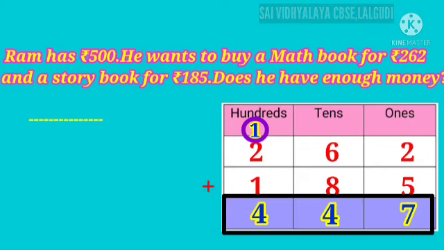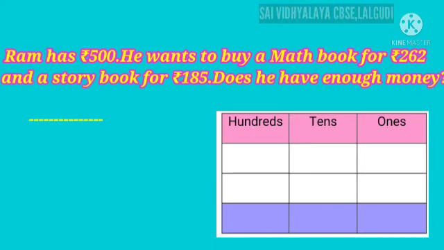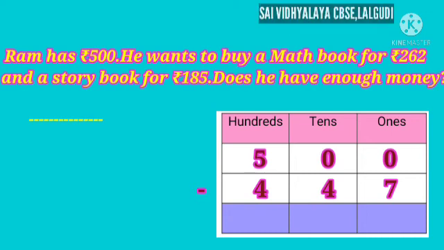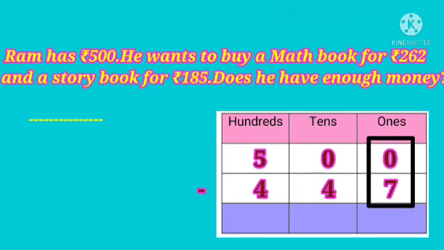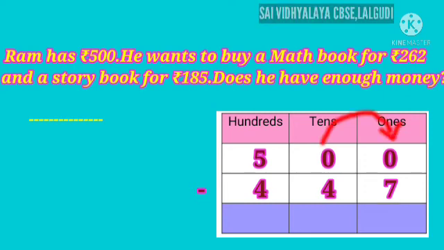Is it less than 500 or more than 500? We will see that. Subtract rupees 447 from rupees 500. Rupees 500 minus rupees 447. Shall we subtract? We cannot subtract 7 from 0. So borrow 10 from tens place.